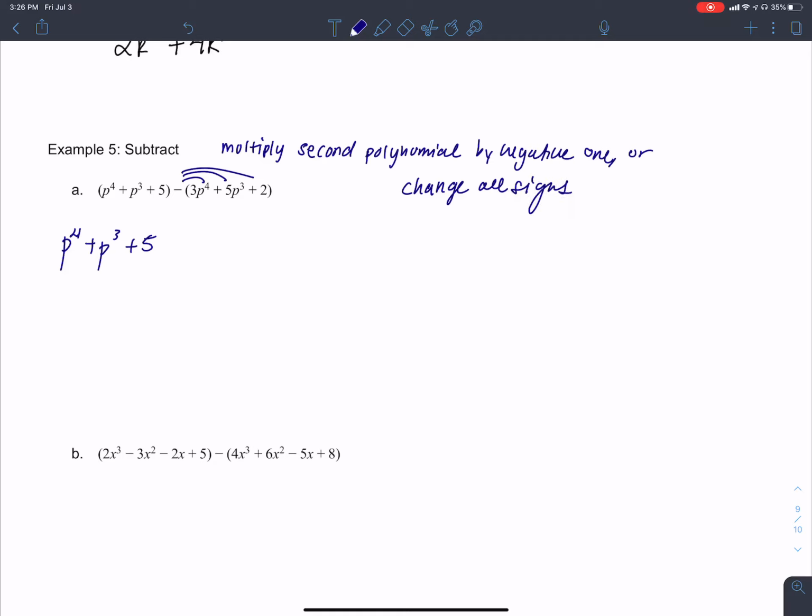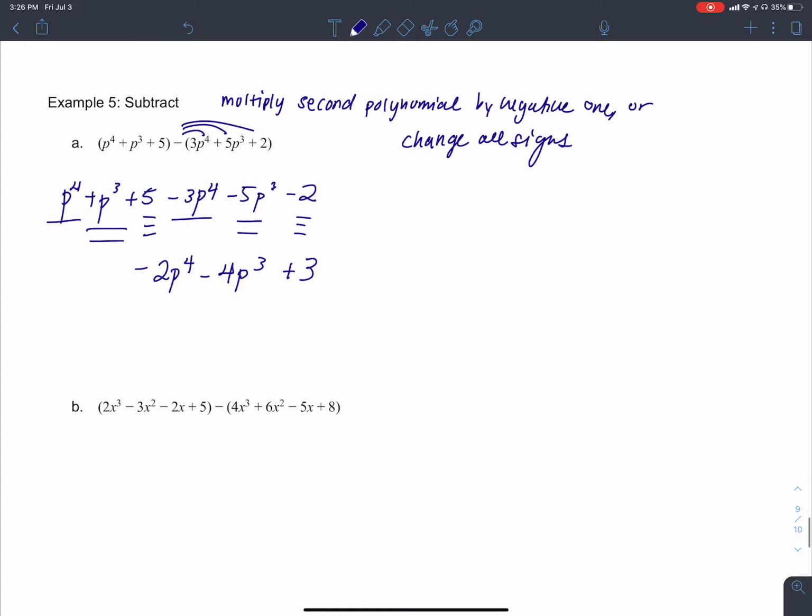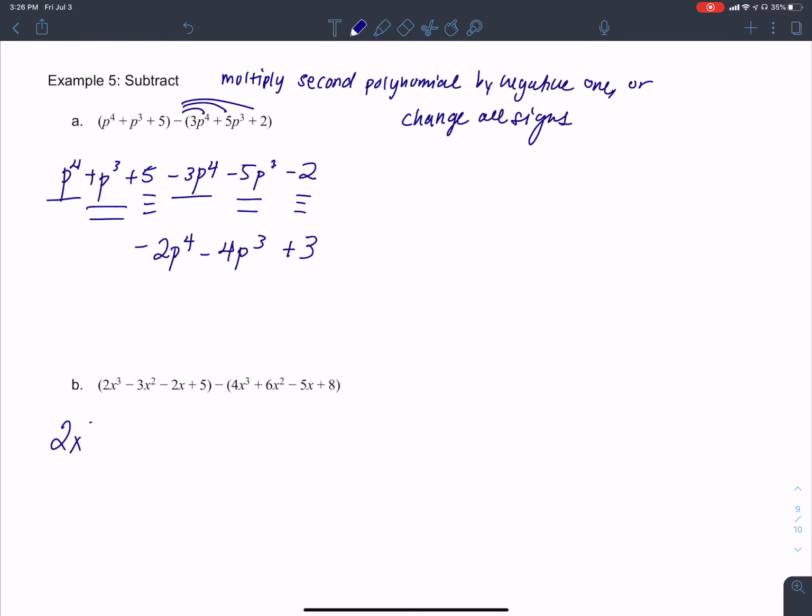Okay, so here we go. Negative 3p to the fourth minus 5p cubed minus 2, minus 2p to the fourth minus 4p cubed plus 3. Okay, so again, keep the first set, change the signs of the whole second set.